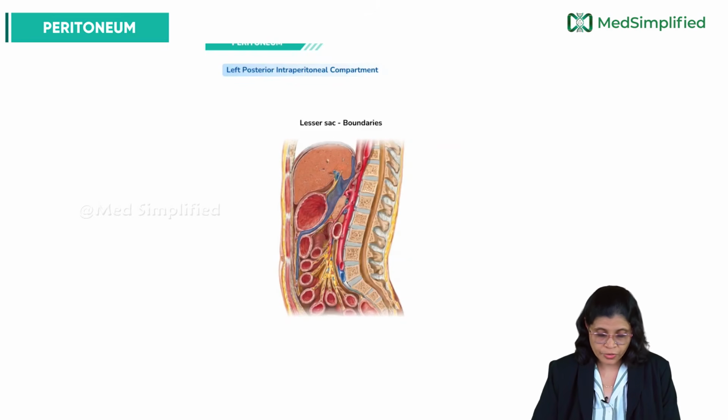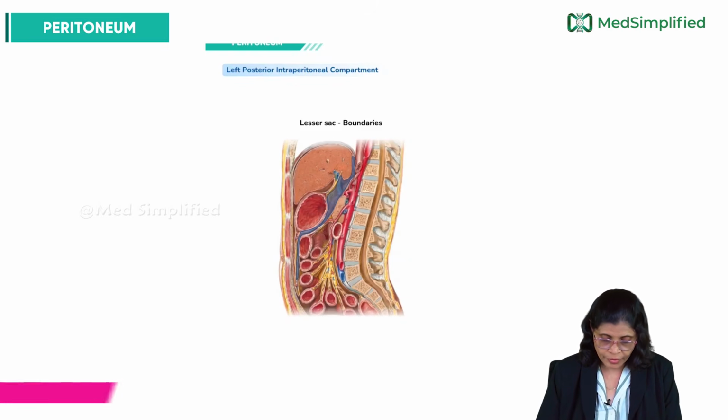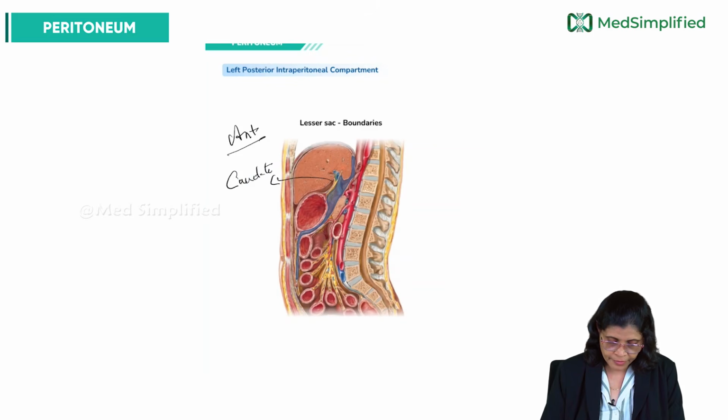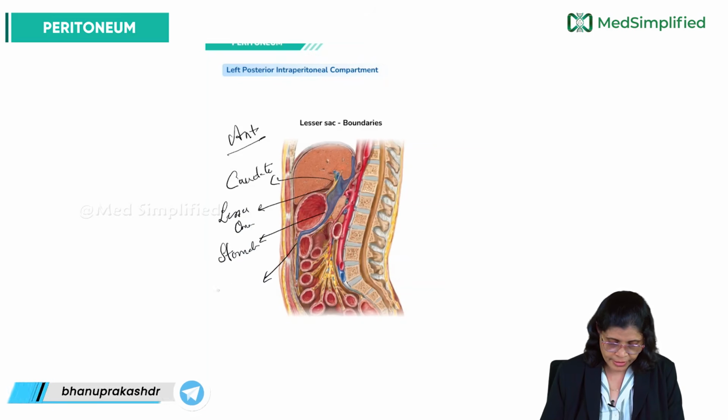So now to recollect the boundaries here. When we see the lesser sac, the anterior wall is formed by the caudate lobe of the liver, then the lesser omentum, the posterior inferior surface of stomach, and then the anterior two layers of the greater omentum.